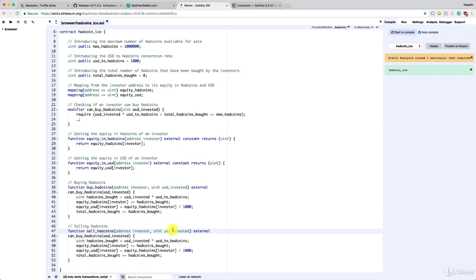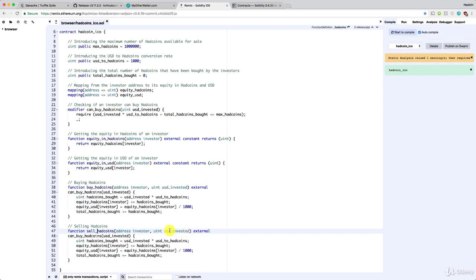So first line here, well, it takes, of course, the address of the investor. Investor is the name of the variable, address is the type of the variable, and it's taking another argument. However, it's not going to take the USD invested because this time we don't have to invest any dollars to buy some at coins because we want to sell them. But since we're selling some at coins, well, we need to specify how many at coins we want to sell.